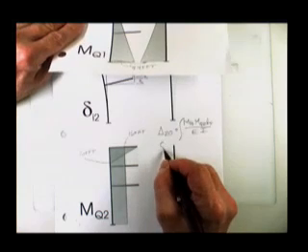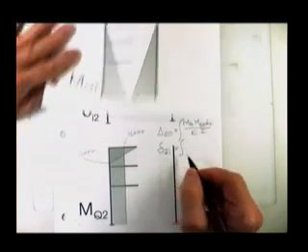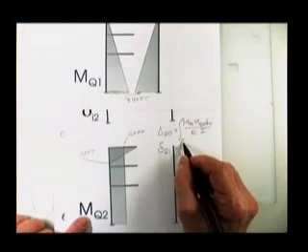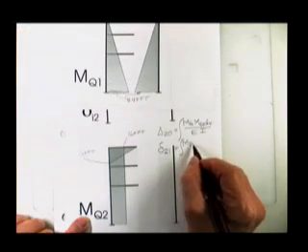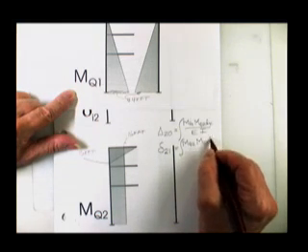So delta 2, 1 is equal to the integral of M sub Q2 M sub Q1 dx over EI.